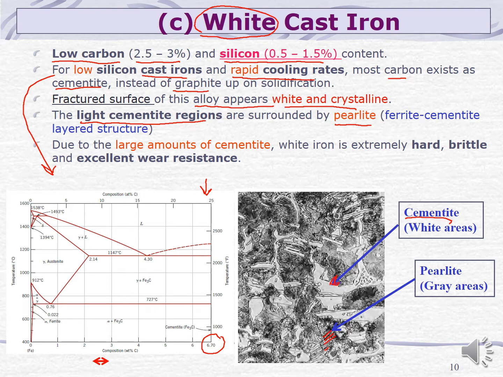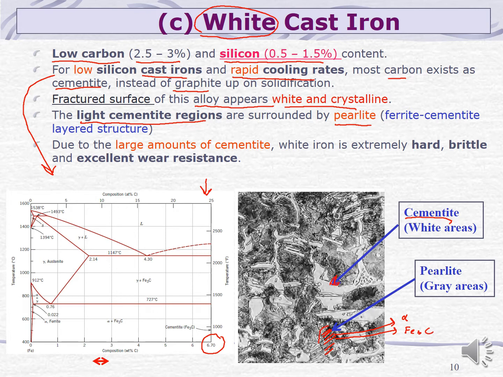Pearlite structure is the alternating layers of ferrite and cementite. So this structure consists of ferrite and Fe3C.